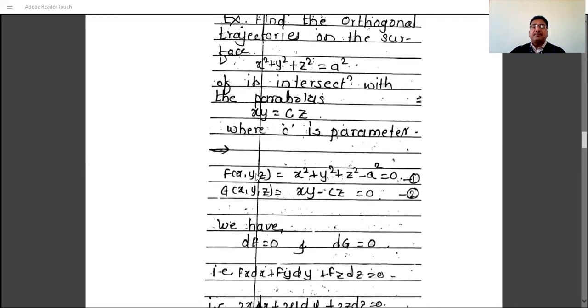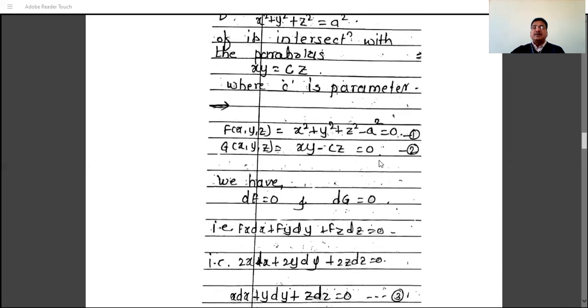So we denote the equation of the surface by capital F. The equation of the surface is x² + y² + z² − a² = 0. And denote the equation of the curve by capital G, that is xy − cz. So these are equation numbers 1 and 2.